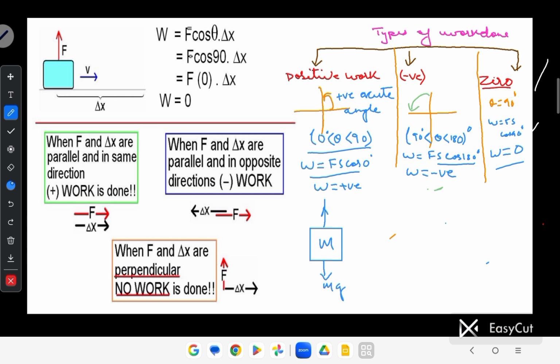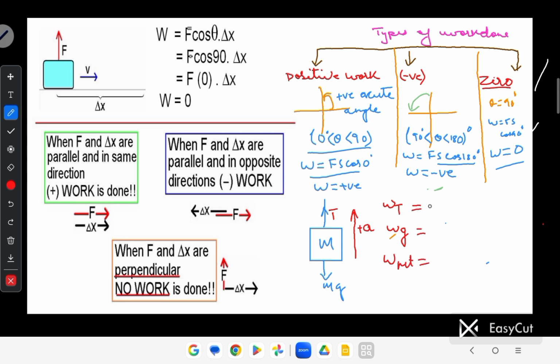Here tension will act, and in this given situation, this body is going up with acceleration a, taking the upward direction as positive. What is the work done by the tension, what is the work done by gravity, and what will be the net work done over here, that we can find out.